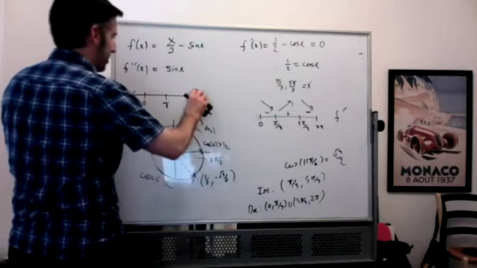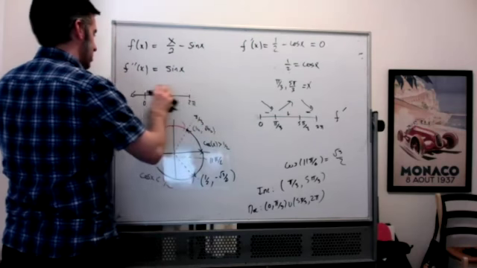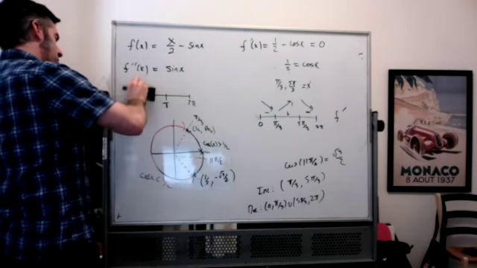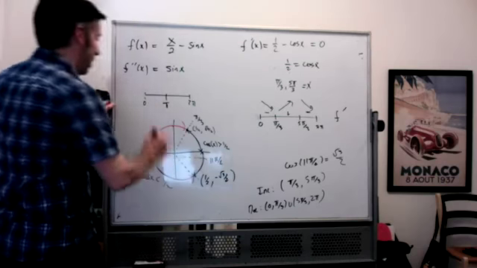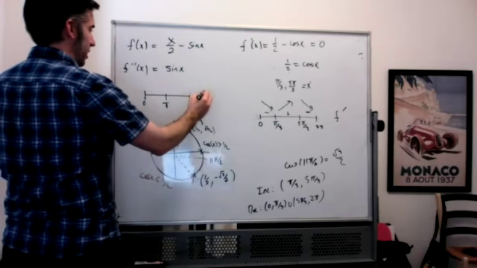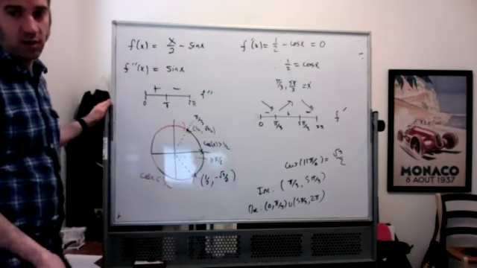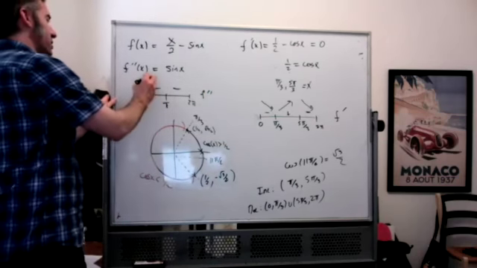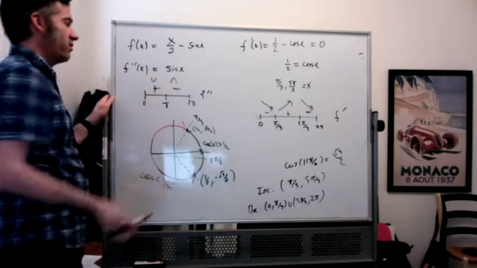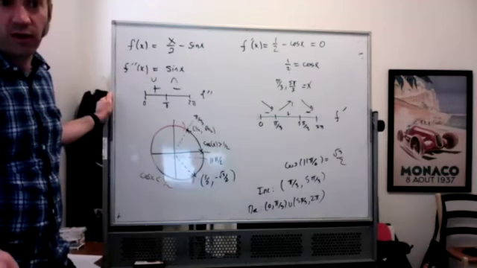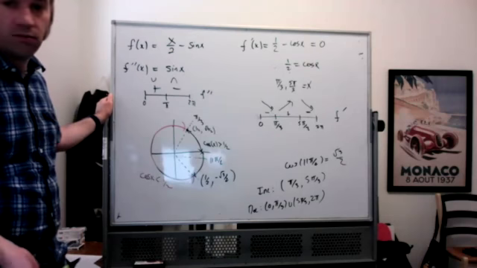And so we know that between 0 and pi, sine is positive. So my second derivative is positive there, negative there. So it would be concave up from 0 to pi, concave down from pi to 2 pi, and you'd have an inflection point at pi. Okay, that's a good question.